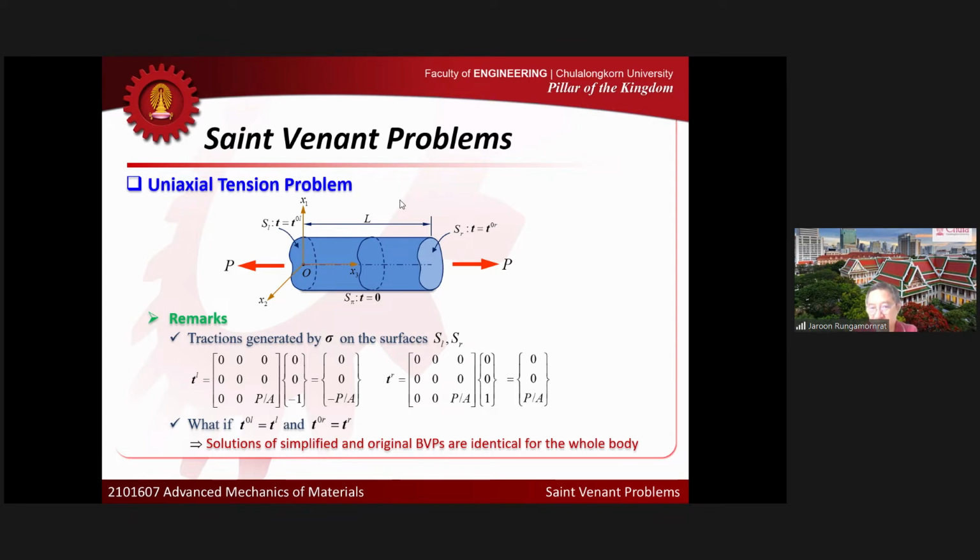Is that right? If the tractions you prescribe at both ends, T0L and T0R, are exactly the same as the ones that you got from the stress field, you can say that the traction conditions at both ends are satisfied at every point. So that implies the stress field that you got before is simply the exact solution of the problem. Is that right?